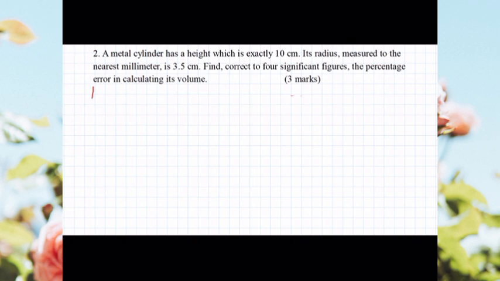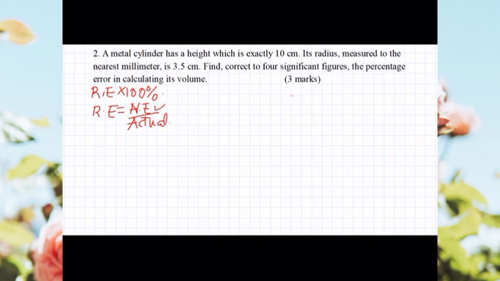In order to get the error in the volume, we very well know that the percentage error is given by the relative error multiplied by 100%. And for us to get the relative error, we have to take the absolute error, and then we divide by the actual.